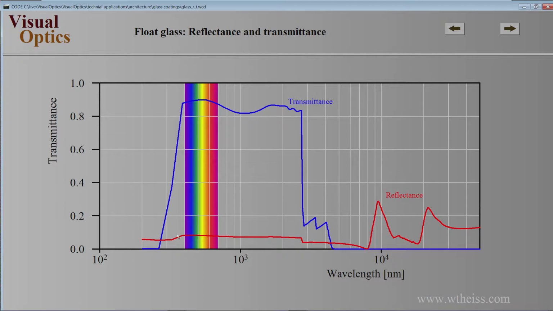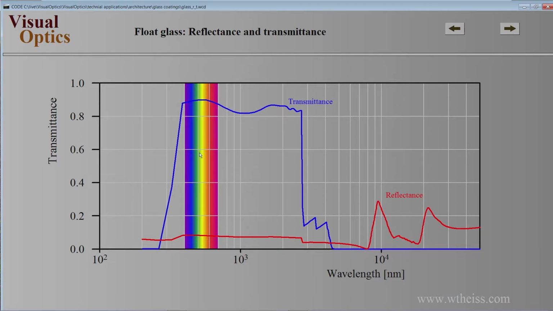In blue you see the transmission through a typical glass pane, like 4 millimeter float glass, and in red you see the reflection. The reflection in the visible is about 8%, 4% generated by each interface.